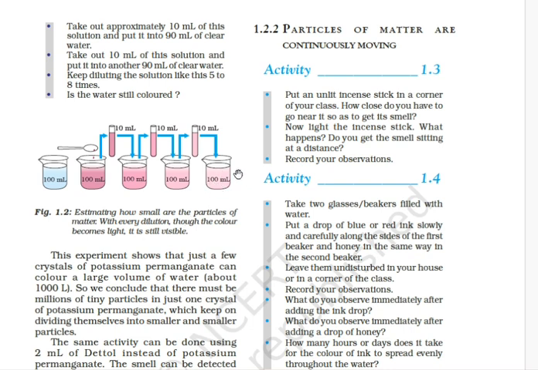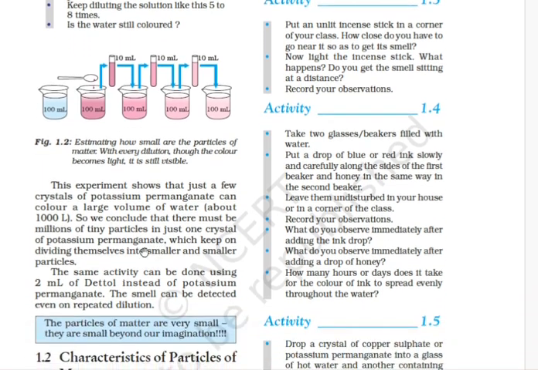This experiment shows that just a few crystals of potassium permanganate can color a large volume of water, the color of the whole solution, about 1000 ml. So we conclude that there must be millions of tiny particles in just one crystal of potassium permanganate.